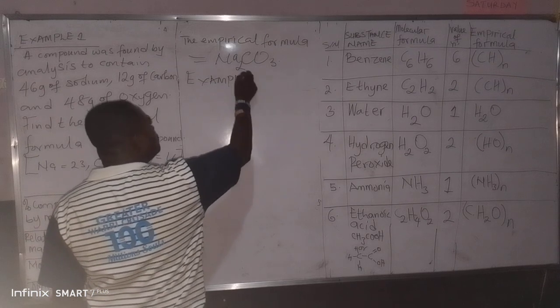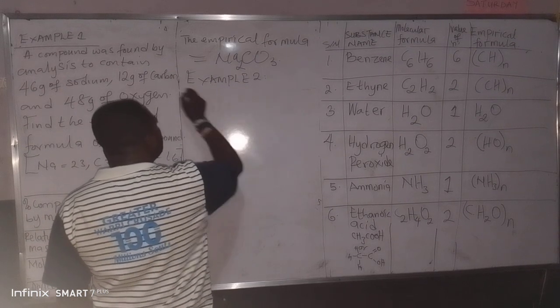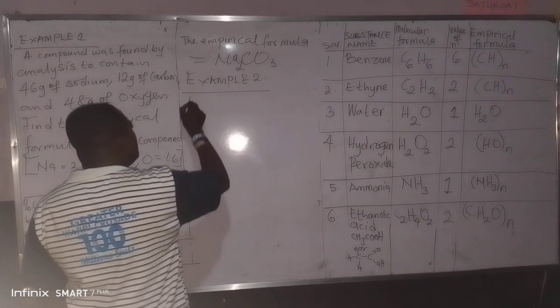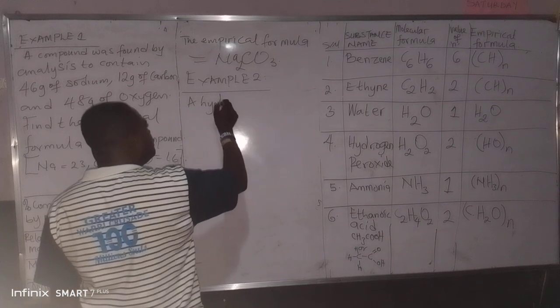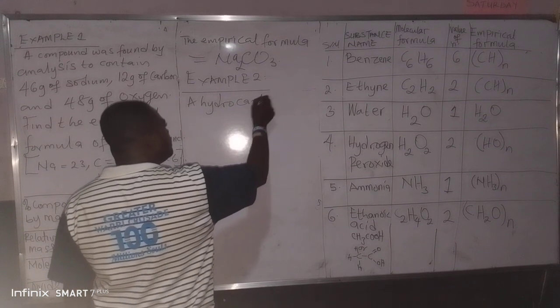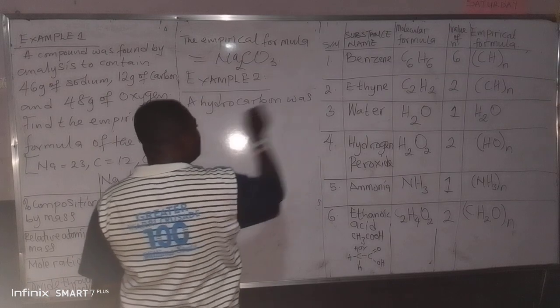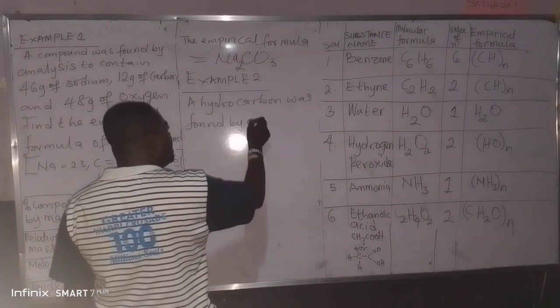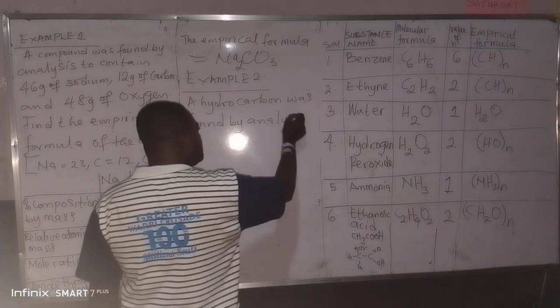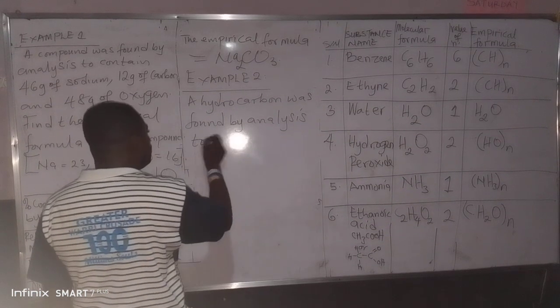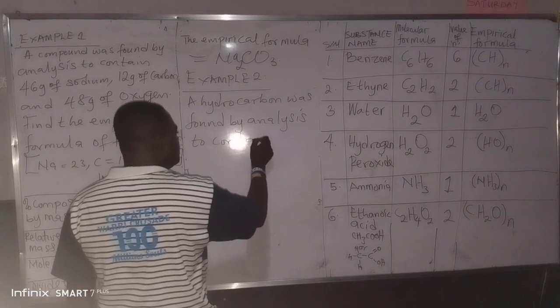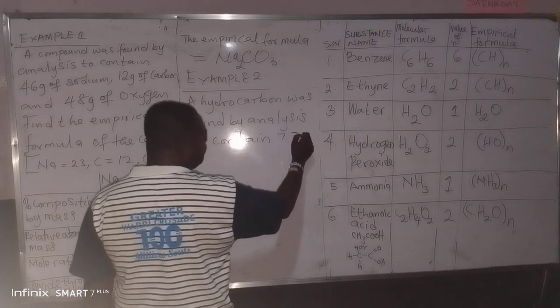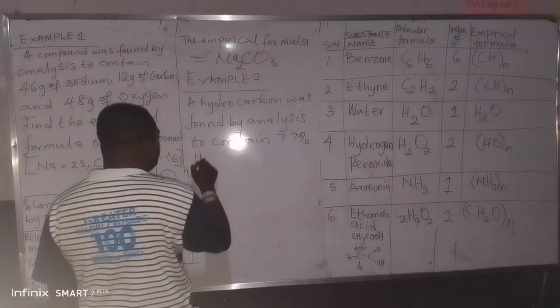Example 2. They say a hydrocarbon was found by analysis to contain 7.7% hydrogen.